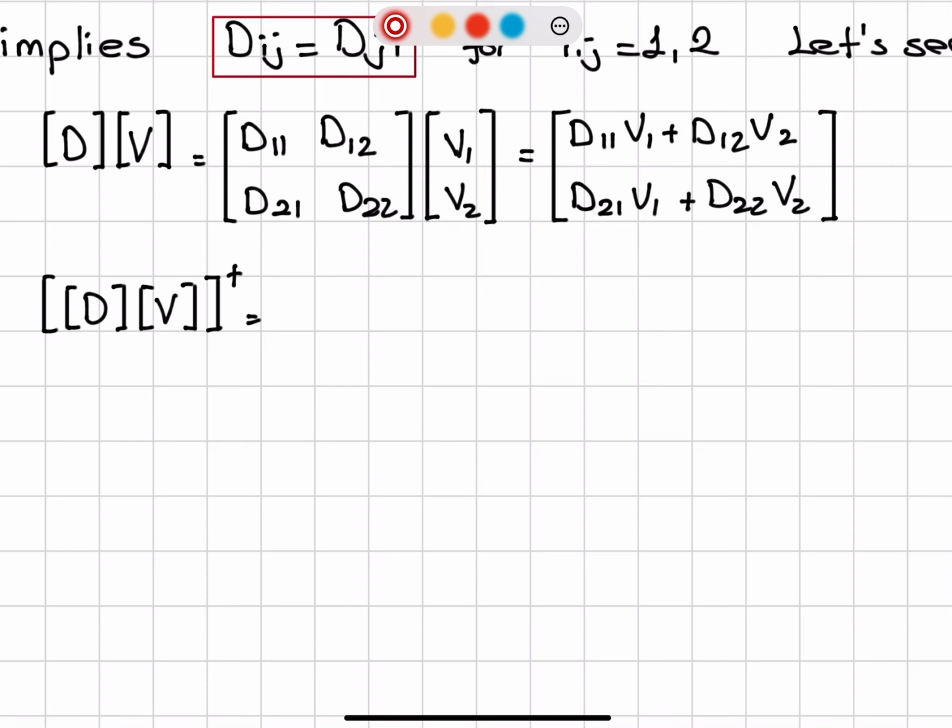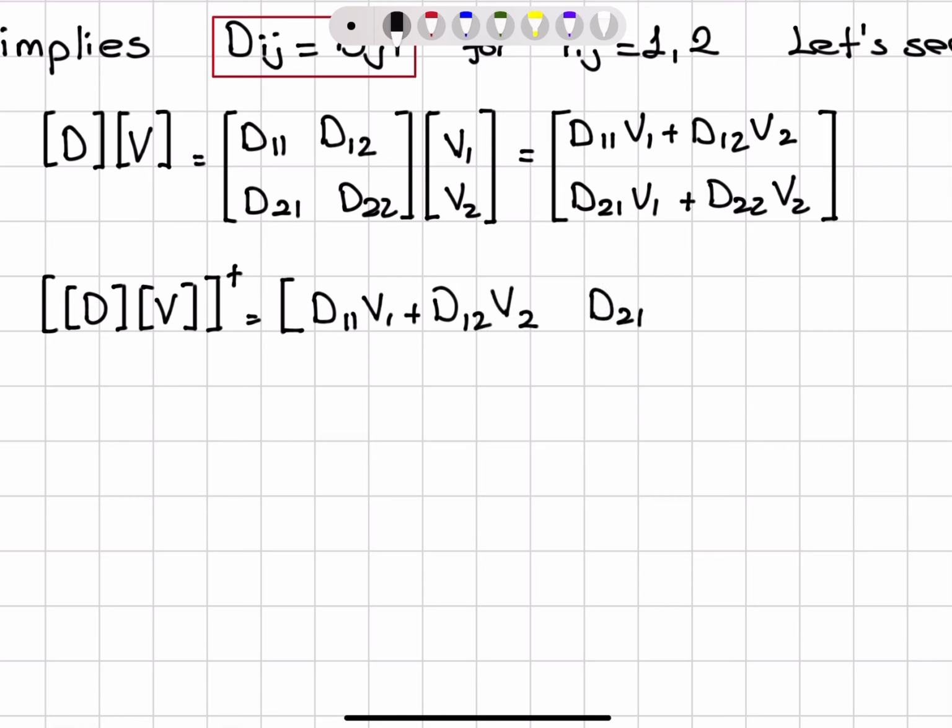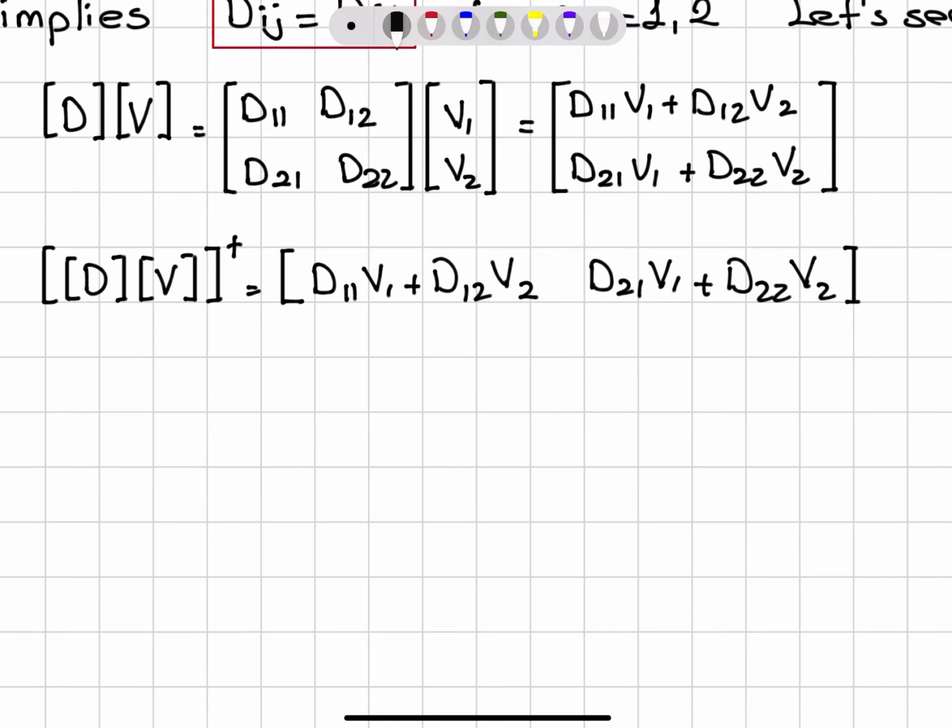So this is going to become a row matrix. So this will be D11 V1 plus D12 V2, and the second element is D21 V1 plus D22 V2. That's the transpose. Now let's look at V transpose times D.